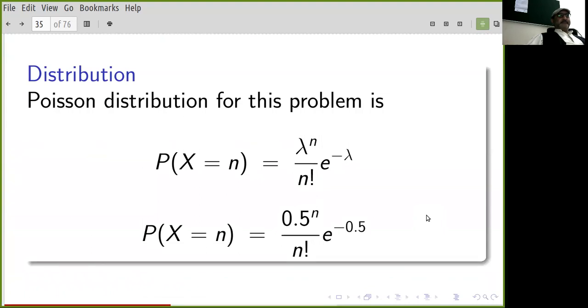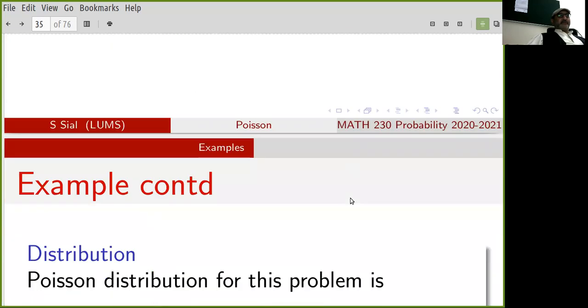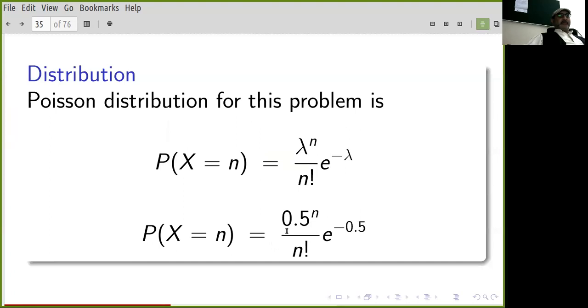In general, the probability that x equals n is lambda to the n over n factorial times e to the minus lambda. When lambda equals 0.5, that is 0.5 to the n over n factorial times e to the negative 0.5.